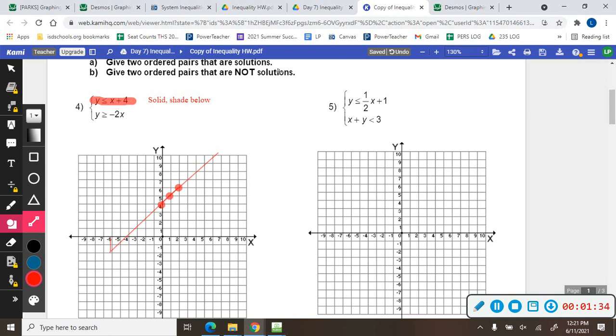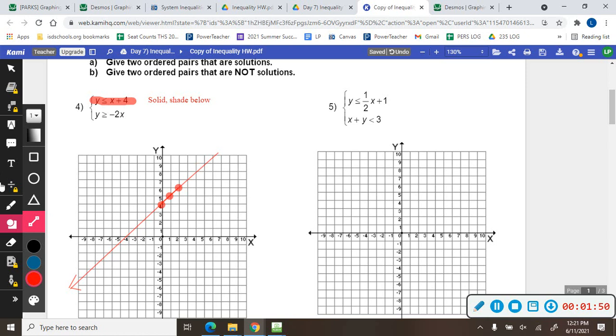And it's actually better to make it cover the whole graph. Alright, so now we graph the first one.